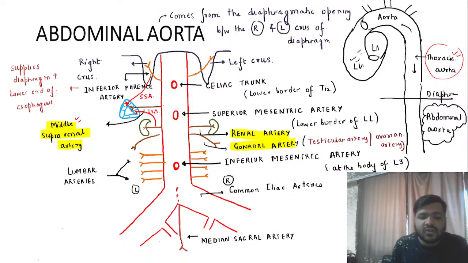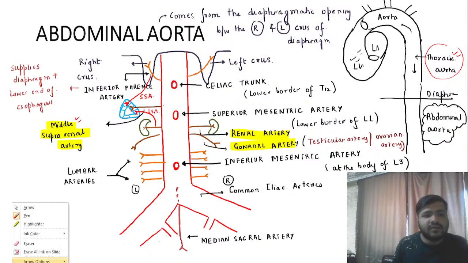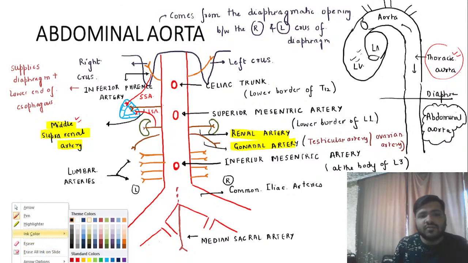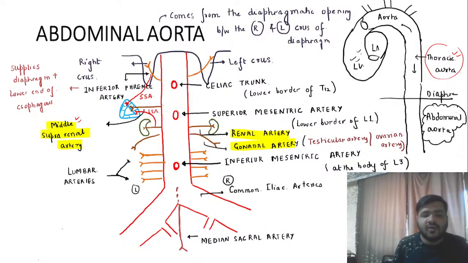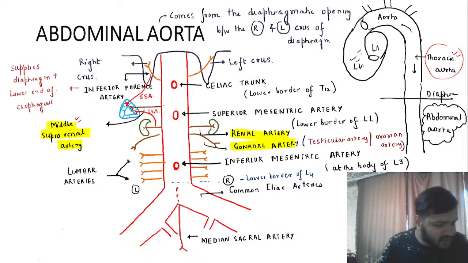Now, the right common iliac artery, okay? Now, the aorta basically divides into two parts, okay, the right common iliac artery and the left common iliac artery, and it is all occurring at the lower border of L4 vertebra, okay, the lumbar vertebra 4, it is basically dividing over here.